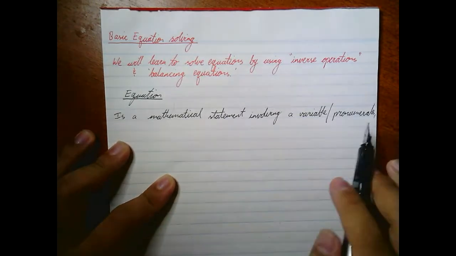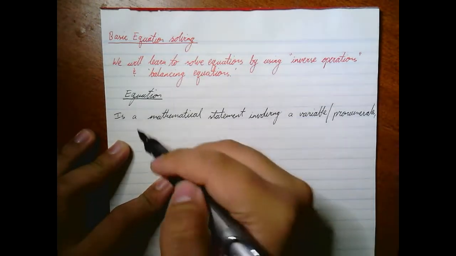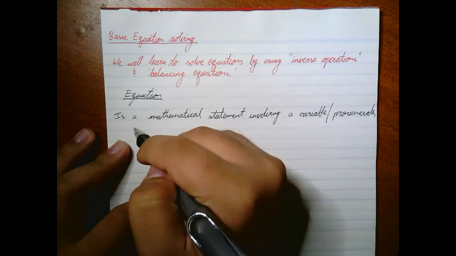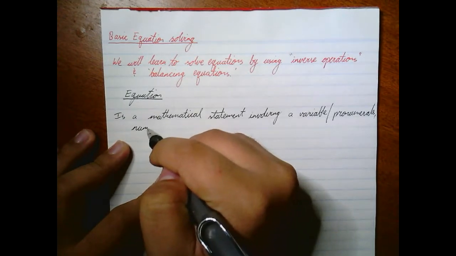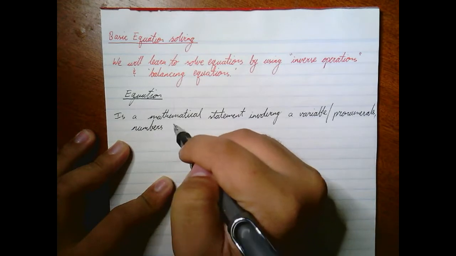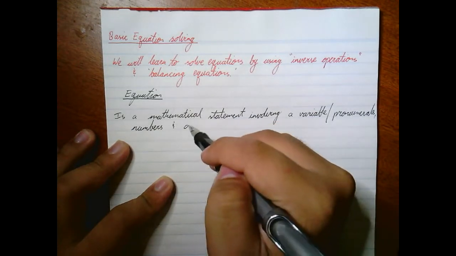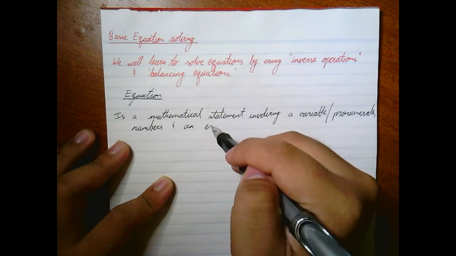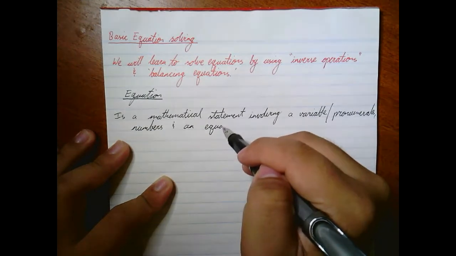So it involves a variable or pronumerals, numbers, and an equals sign.